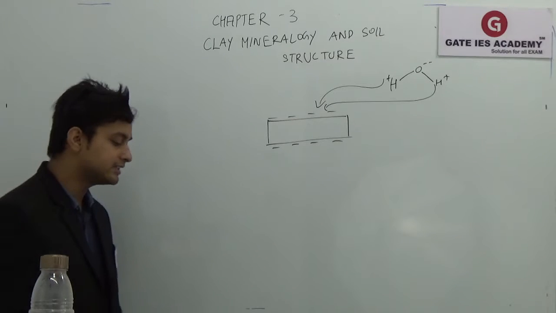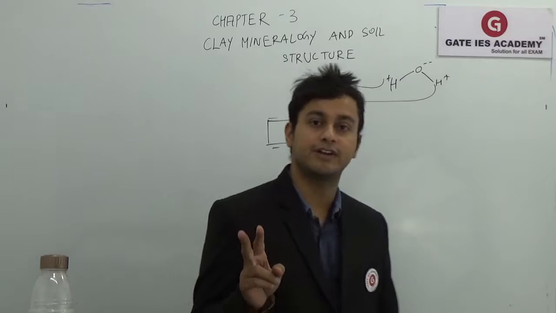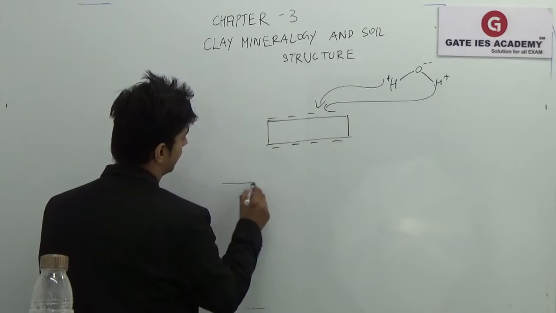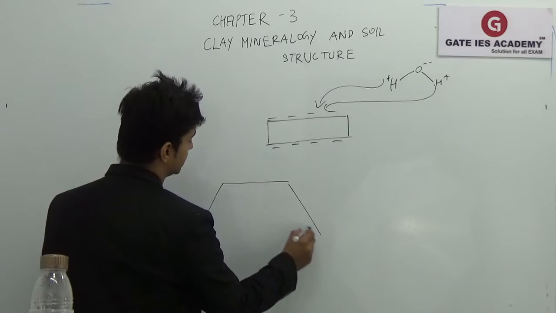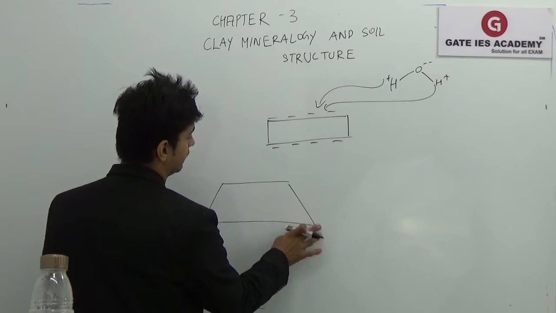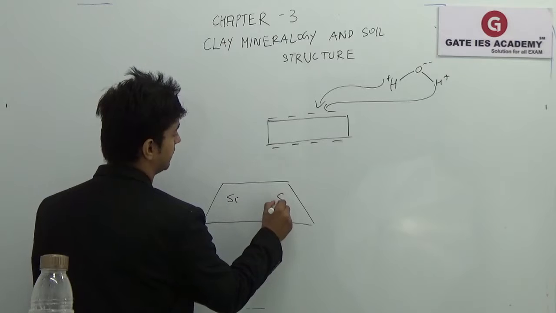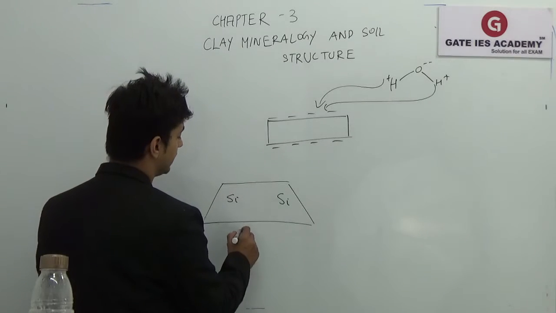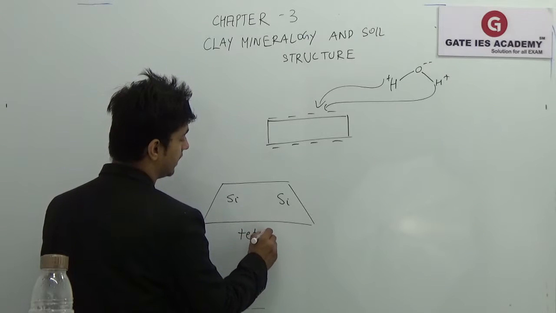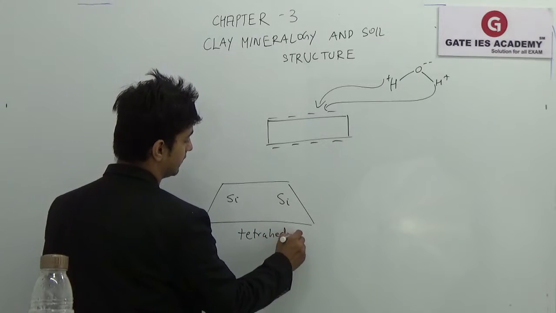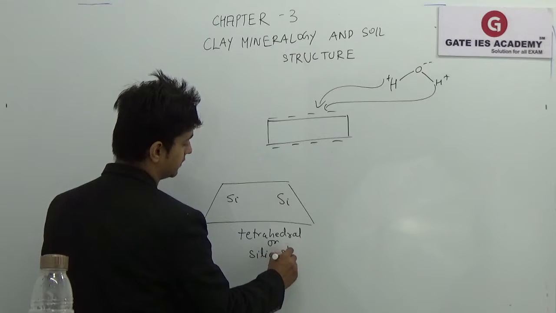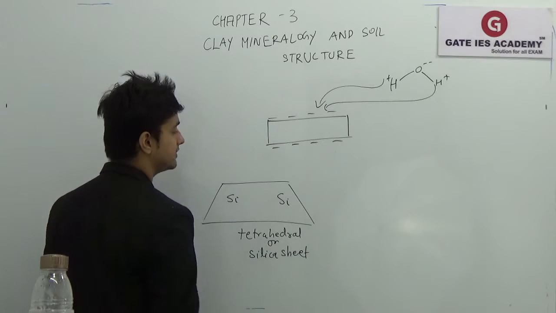Now the clay minerals are basically made up of two different parts. There are two different things which clay is made of. First is the silica sheet. There are silica particles like this, and it is also called the tetrahedral sheet. These are two types of minerals that are present.